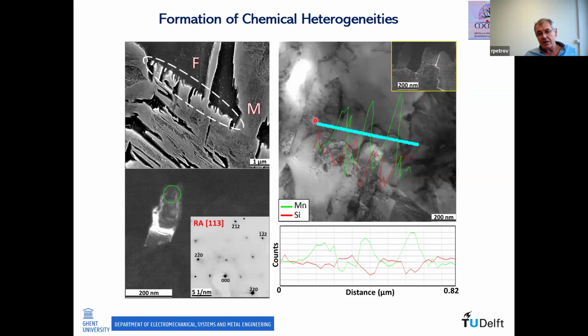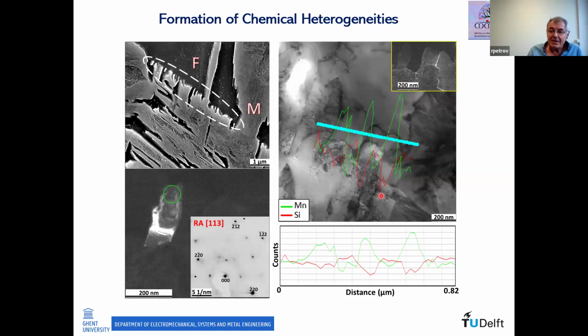Yeah. And then we made this analysis here, and you can trace the distribution of the elements. Manganese with green and silicon with red. Nothing unusual. Silicon and manganese go in the opposite direction. But the fact is that in this zone you have a significant difference in the content of manganese and silicon.